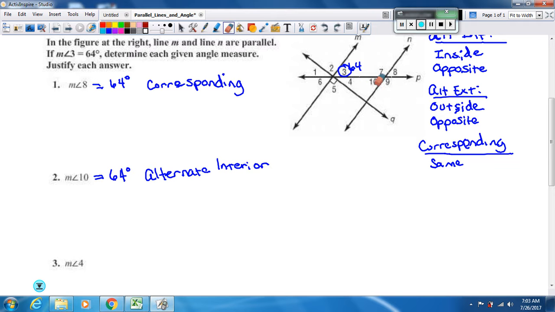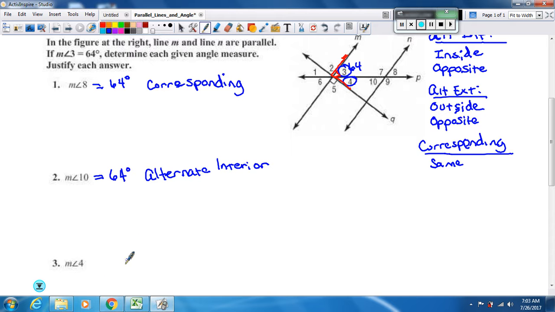Measure of angle 4 compared to measure of angle 3. Okay, if you take angles 3 and 4 and put them together, in other words, add them together, they form a right angle. That means they have to add up to 90 degrees.